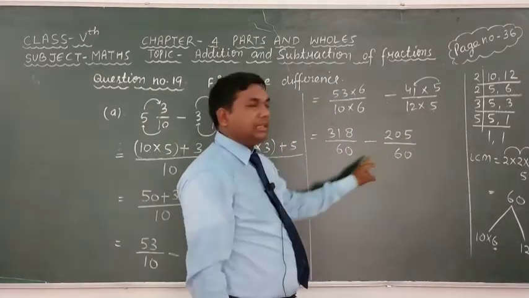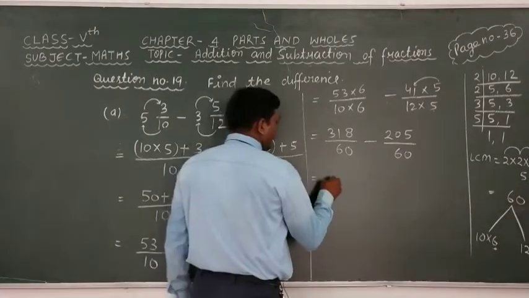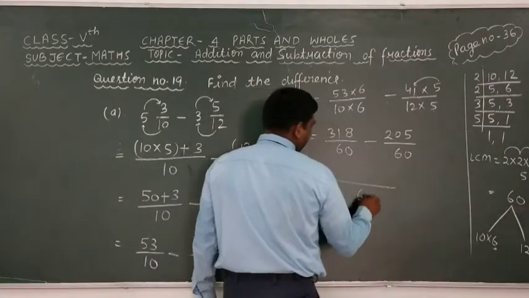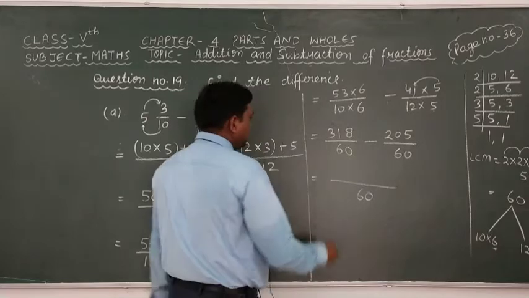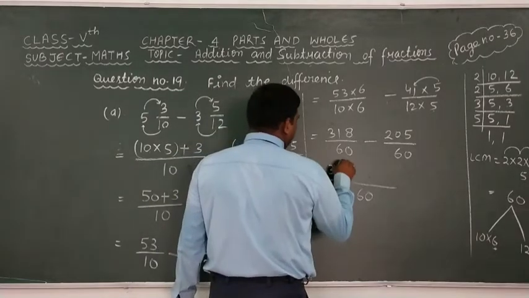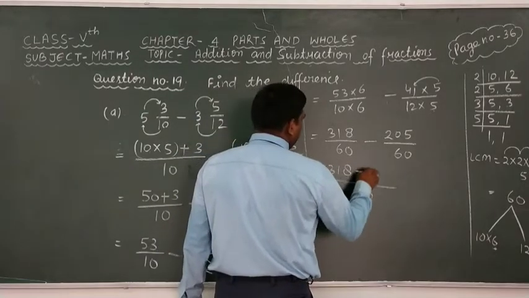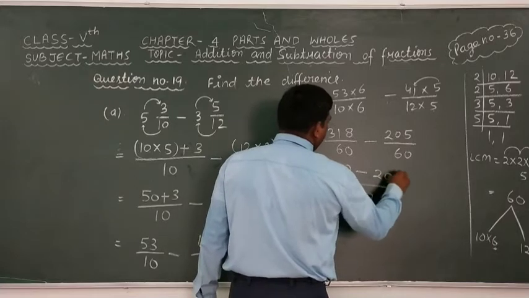Okay students, look at here carefully. Here we get 60 and 60 the same, so we write 60 only one time, and we write the difference of 318 and 205.